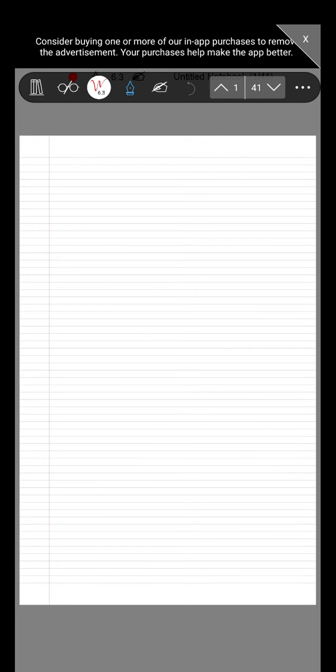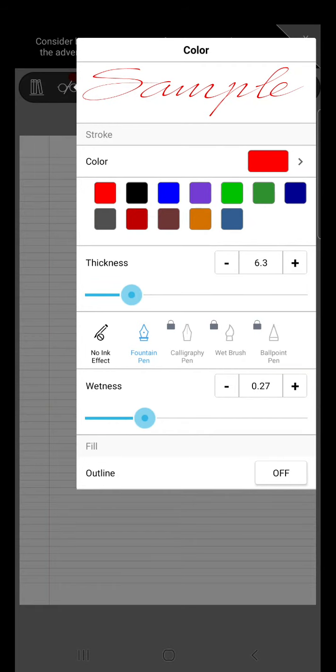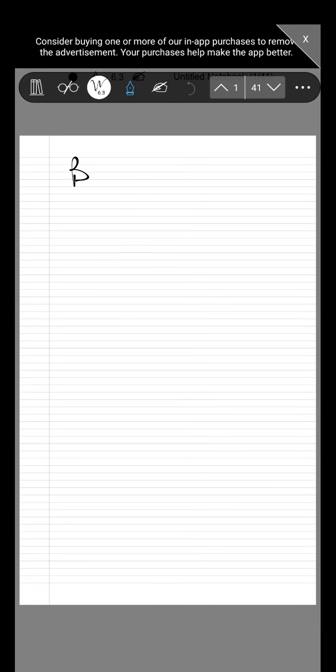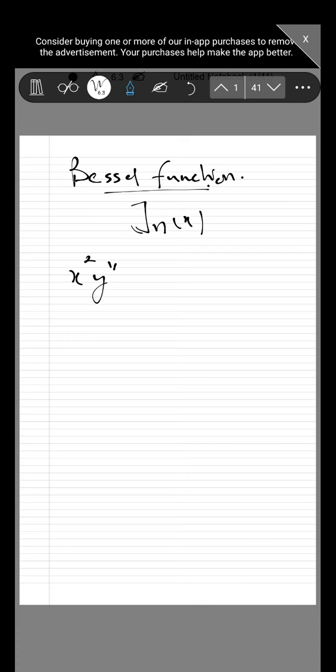The next function that we will discuss is called the Bessel function, and it is given as J_n(x). The differential equation corresponding to it is x square y double differentiation plus x y dash plus (x square minus n square) y is equal to 0, where n is greater than or equal to 0.